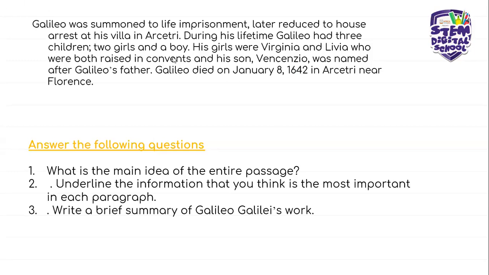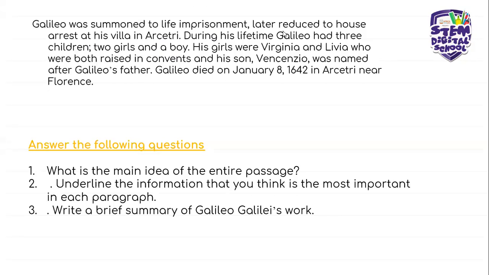Right. So the last paragraph basically told you that because of all his findings and his voicing his opinions of what he found, the people in authority sentenced him to life imprisonment. Then later, they didn't imprison him; they sent him to house arrest. House arrest means that it's pretty much like lockdown. You only have to stay at home and you cannot leave your home.